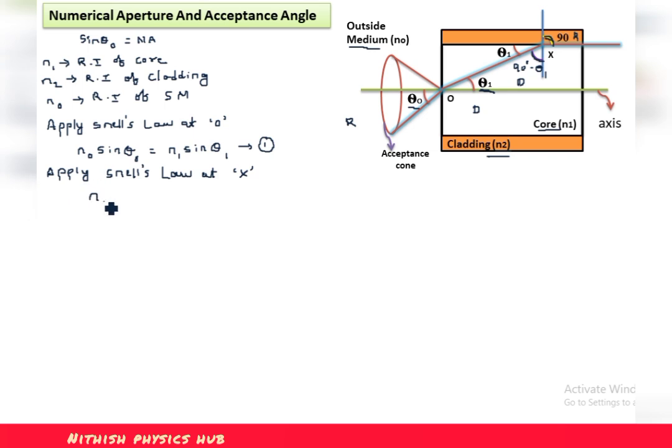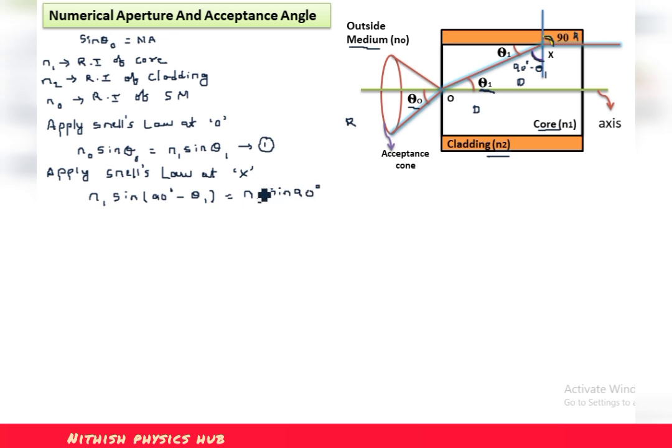That is the minimum angle which is required for total internal reflection. Now we know that sine of 90 degrees is always equal to 1. Similarly, by trigonometry, sine of (90 degrees minus theta) is always cos theta.